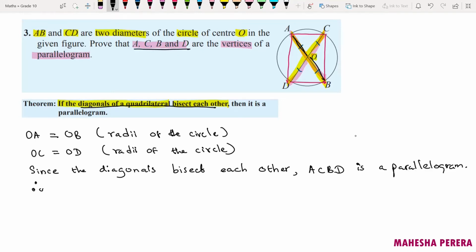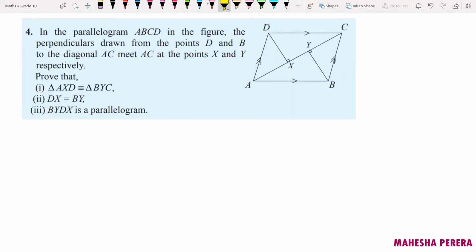Therefore, A, C, B, and D are vertices of parallelogram ACBD.